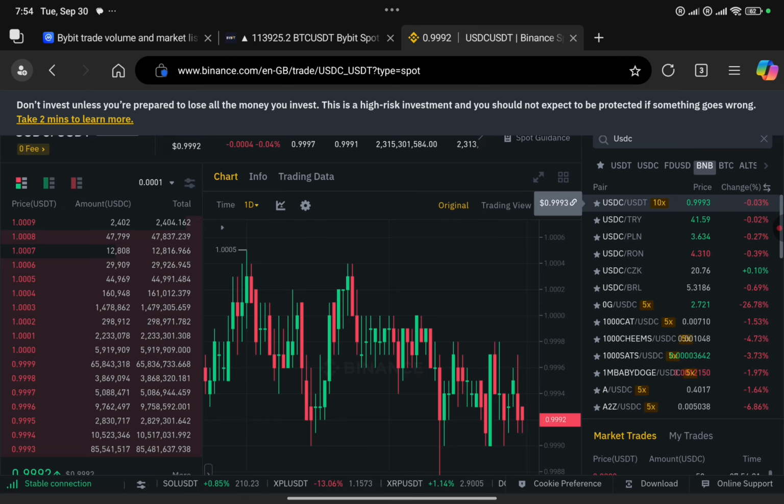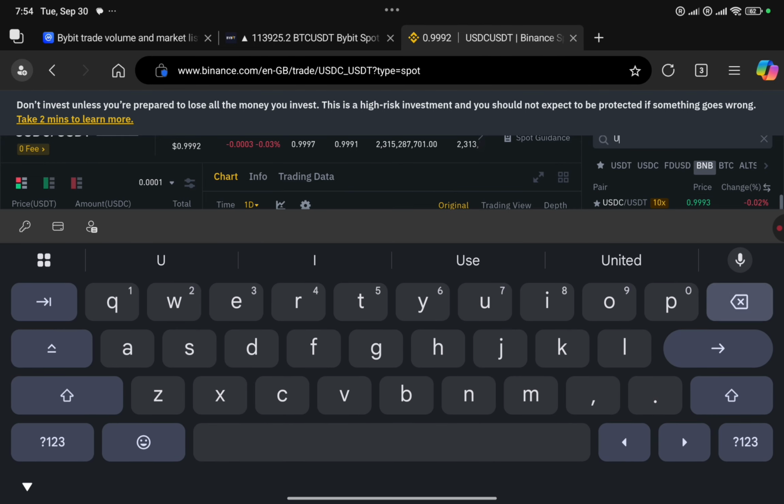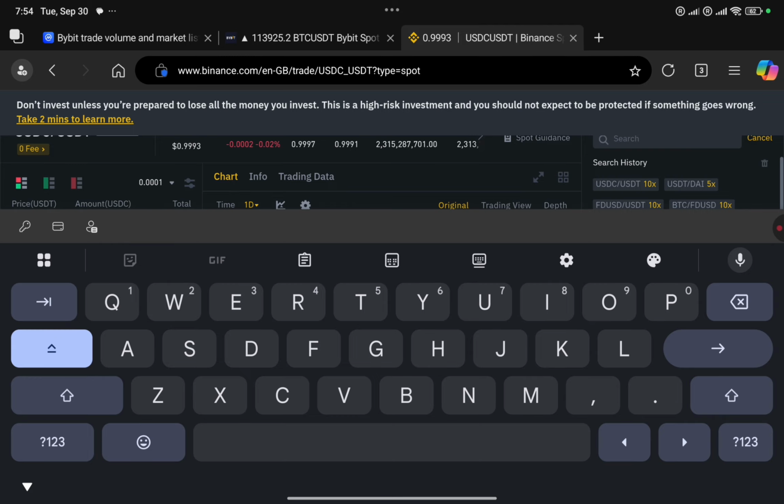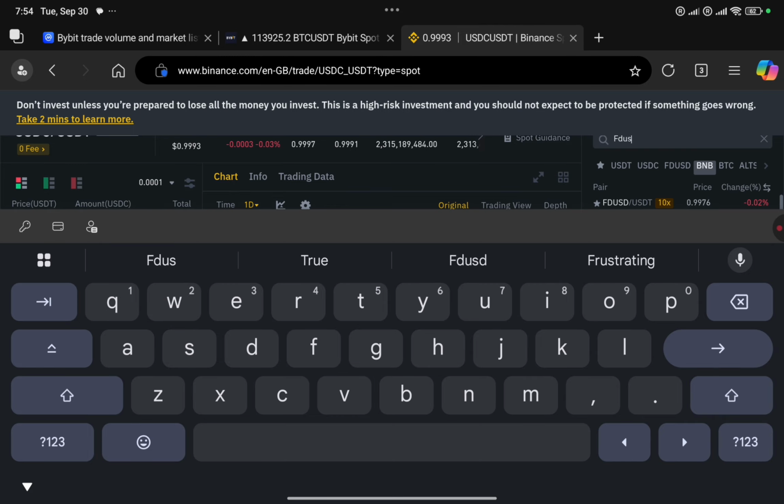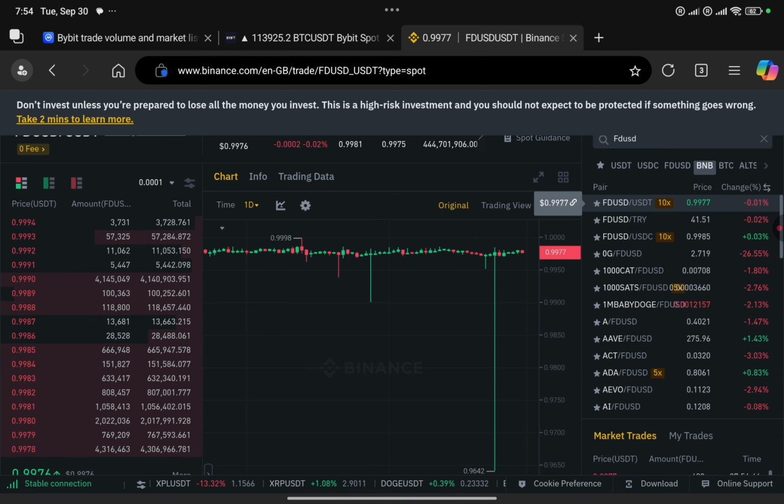And the current price to $1, this is not really what we're trading against, but the current price to $1 is 0.9992. And if you check USDT with FDUSD, you can see the current price over here is 0.9977. Now, these two assets are linked to USD, and you can see the price deviates, right? The price deviates.